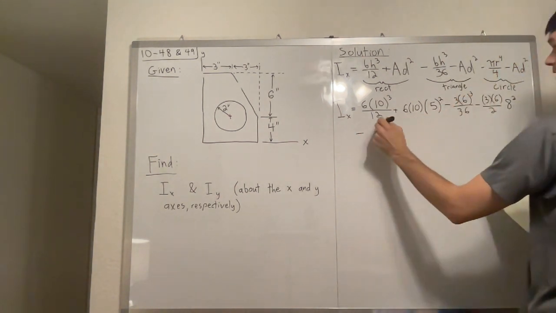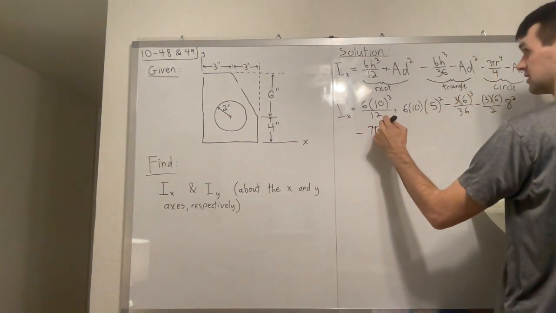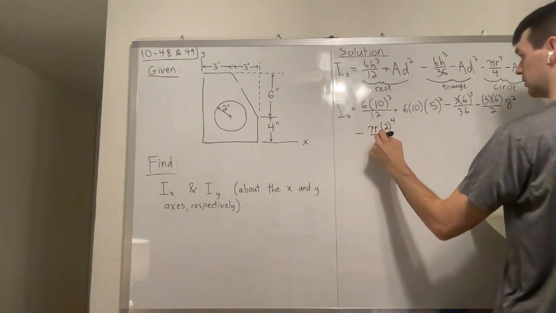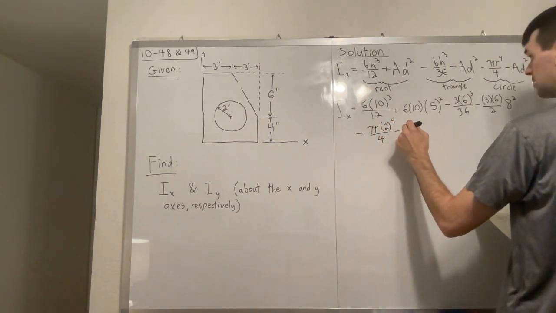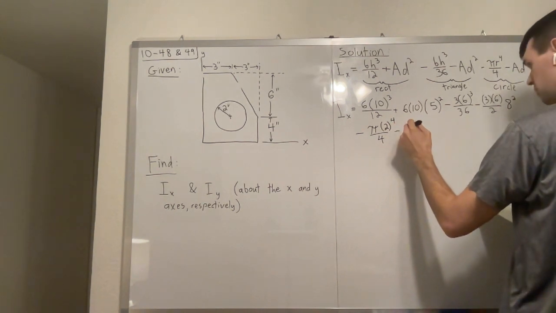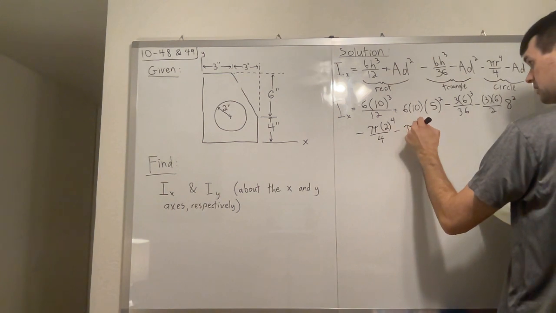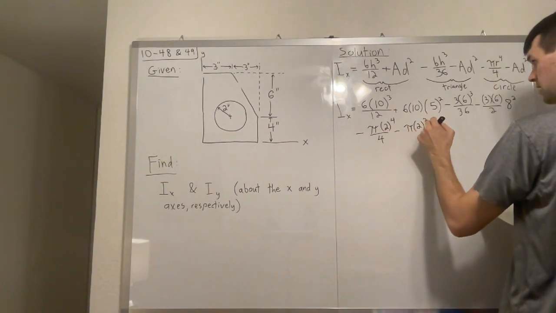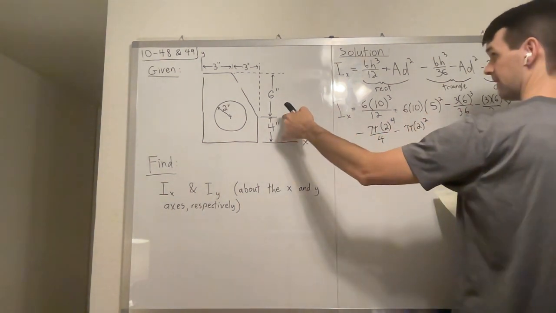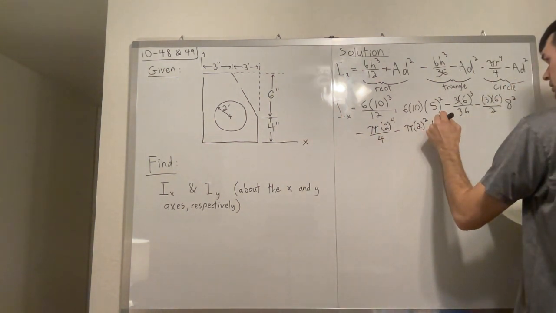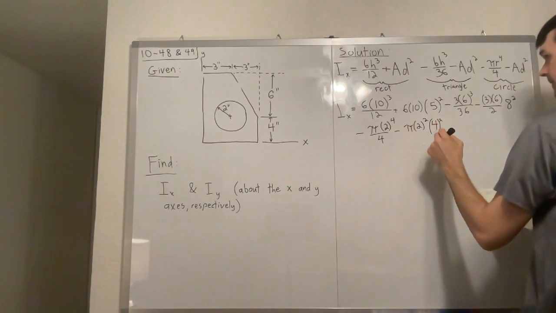So pi times its radius, which is 2, so 2 to the 4th divided by 4, minus its area, which we know is just pi r squared, and its distance from the center is 4. So we'll get 4 squared.